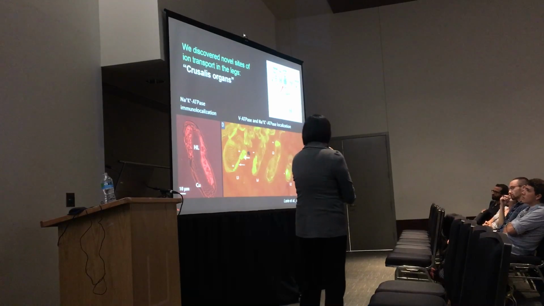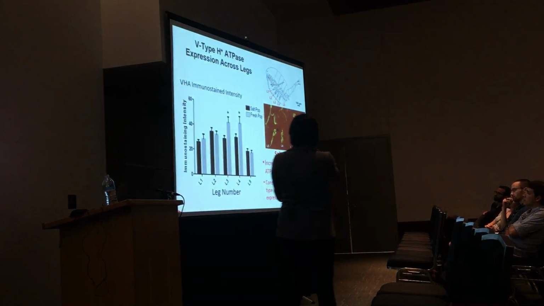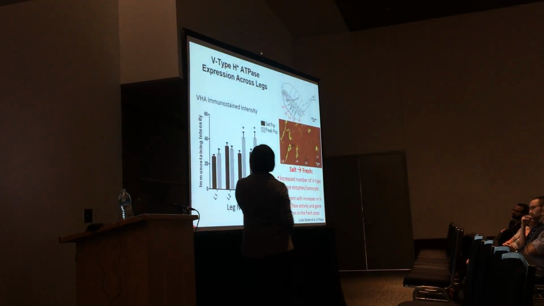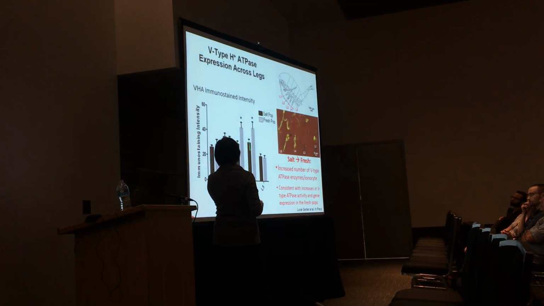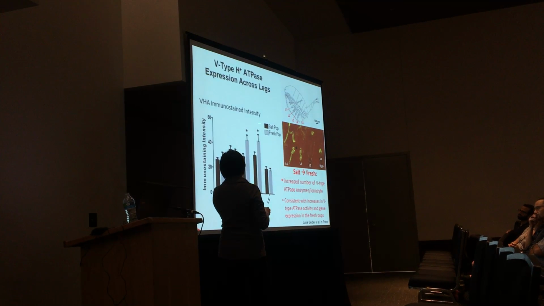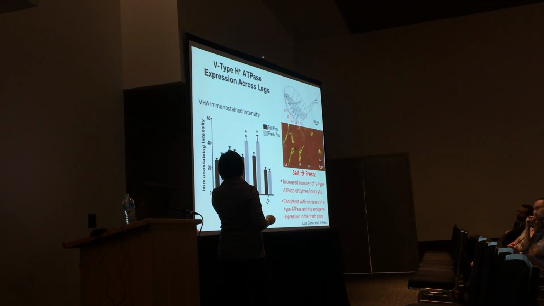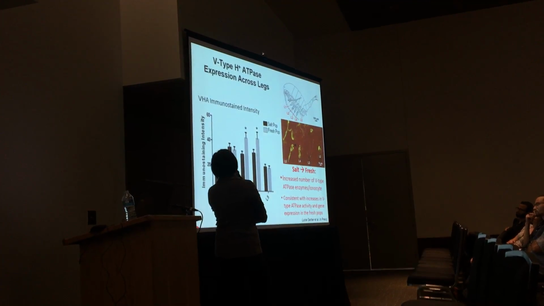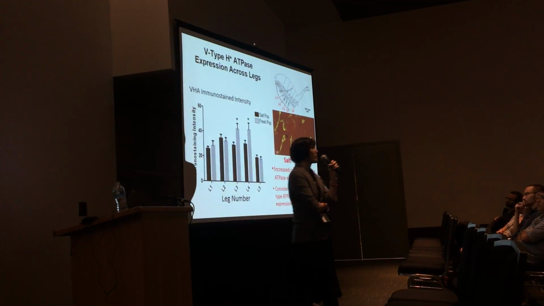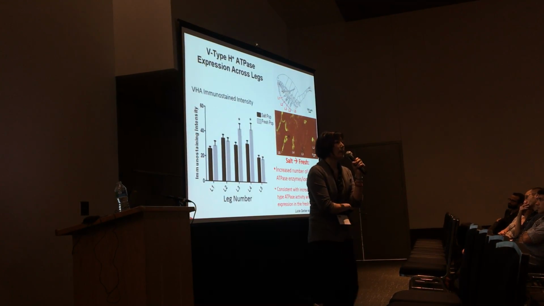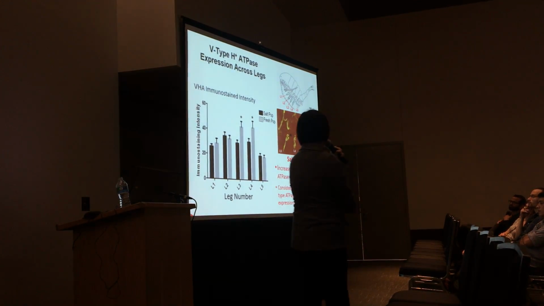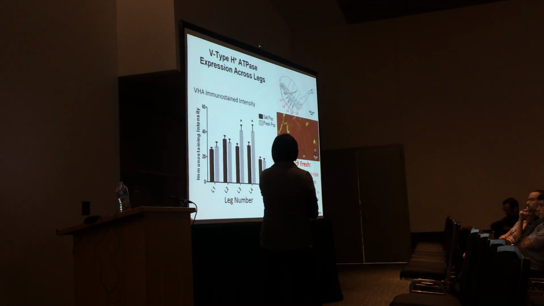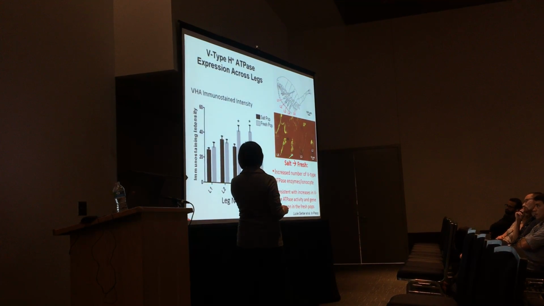And interestingly, if we compare the freshwater and saltwater populations at these legs across the copepod, the freshwater population showed a significant increase in expression of B-type ATPase relative to their saltwater ancestor at legs 3 and 4. This indicated that there was an increase in the number of enzymes per ion regulatory cell in the freshwater population relative to the saltwater population.